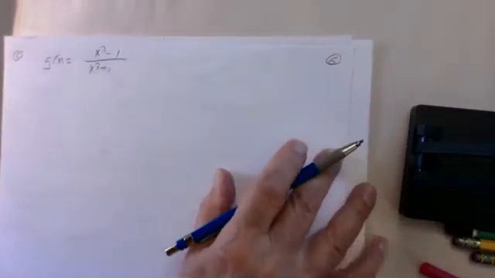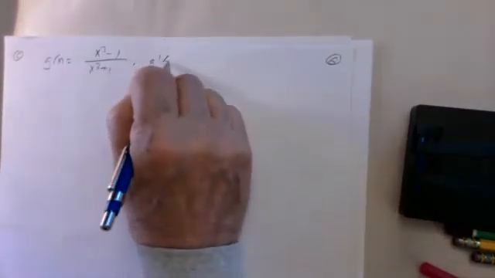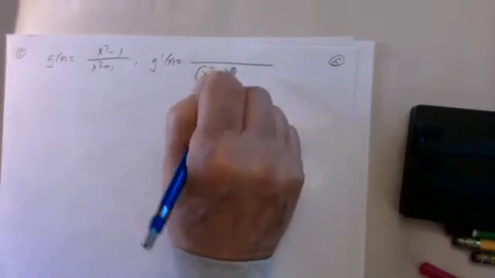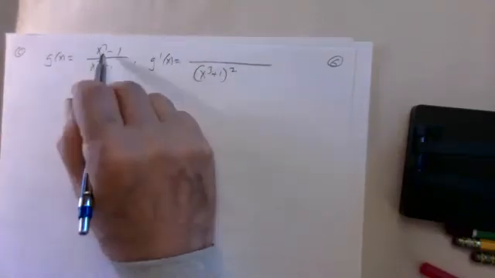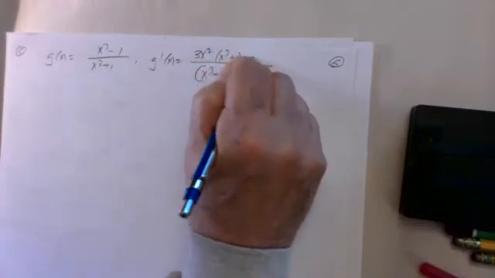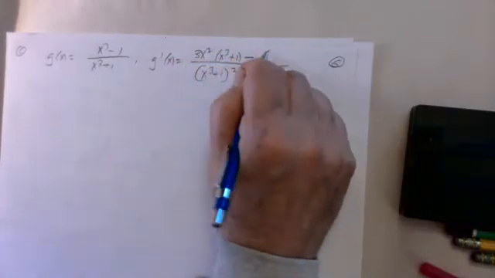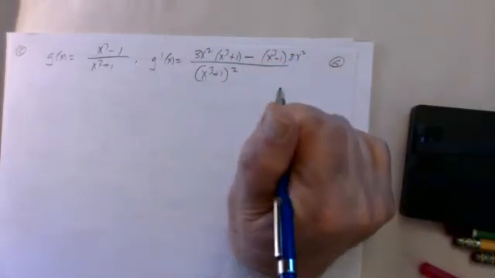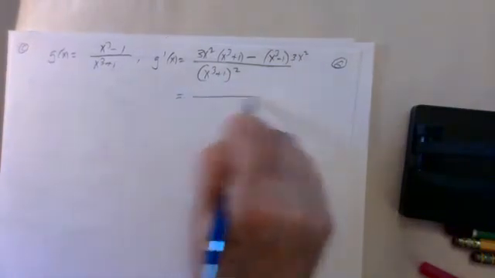Okay. Part C is the function g of x equals x cubed minus 1 over x cubed plus 1, which is a quotient. So we differentiate using the quotient rule. It's the denominator squared, and the derivative of the numerator times the denominator minus the numerator times the derivative of the denominator. And there's some simplification.